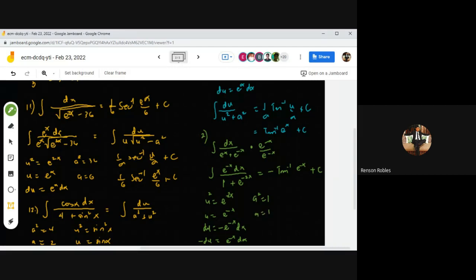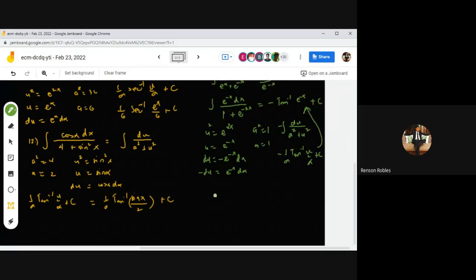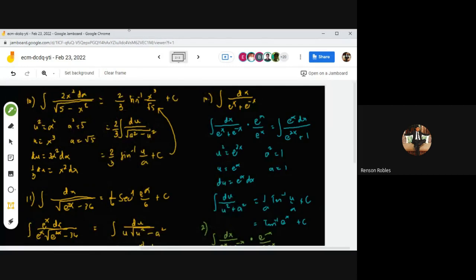Okay, so nasa form na kayo ng integral of negative du over a squared plus u squared. Okay, and that will give you negative 1 over a arctangent u over a plus c. All right, let's take another form. I have a lot of form here. Number ano na tayo? 17.